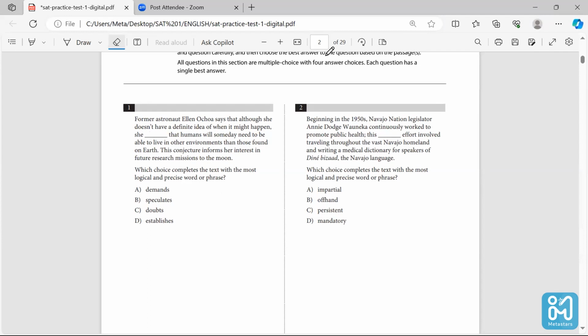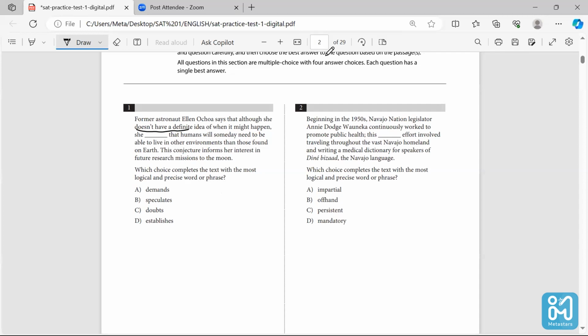Does this lead us to a negative one? No, we still need to read. It might happen, humans will someday be able to, and it informs her interest. Did she say that she negates, or that she definitely has no idea? No, right.